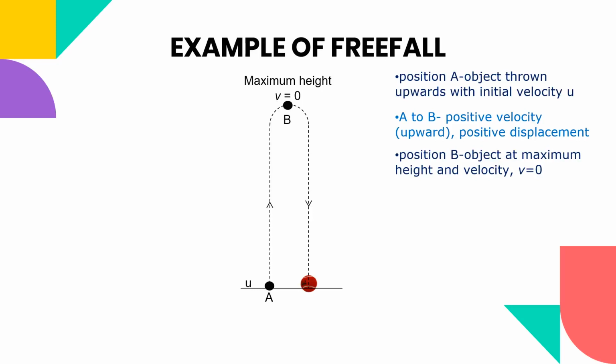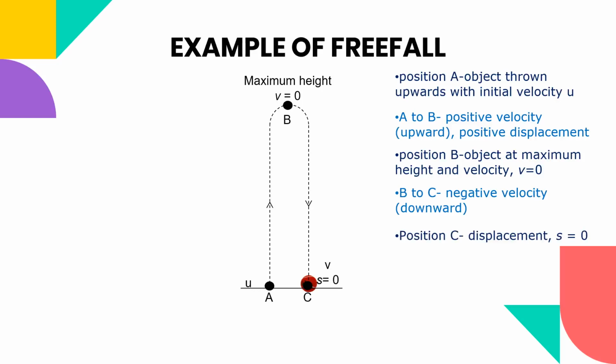At maximum height, which is at point B, the velocity of the object is 0. When the object moves from B to C, the velocity is negative. At position C, the displacement is 0.